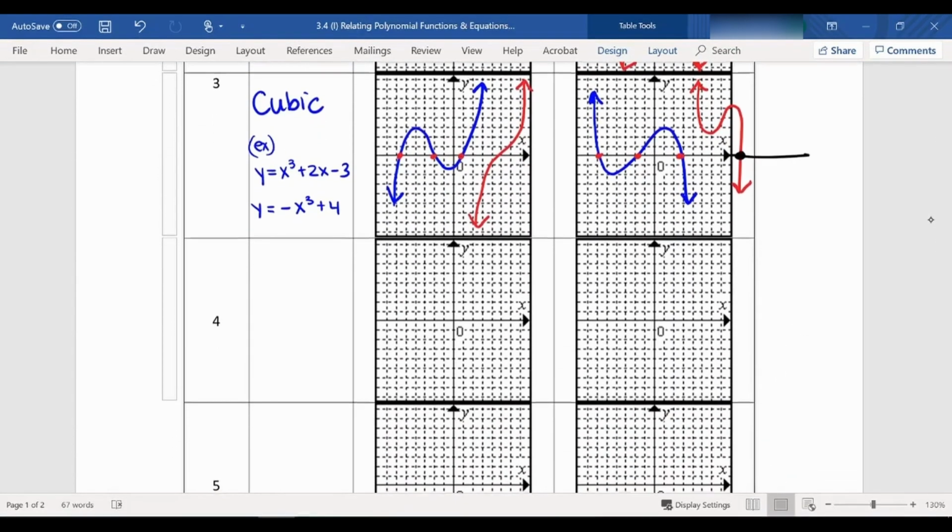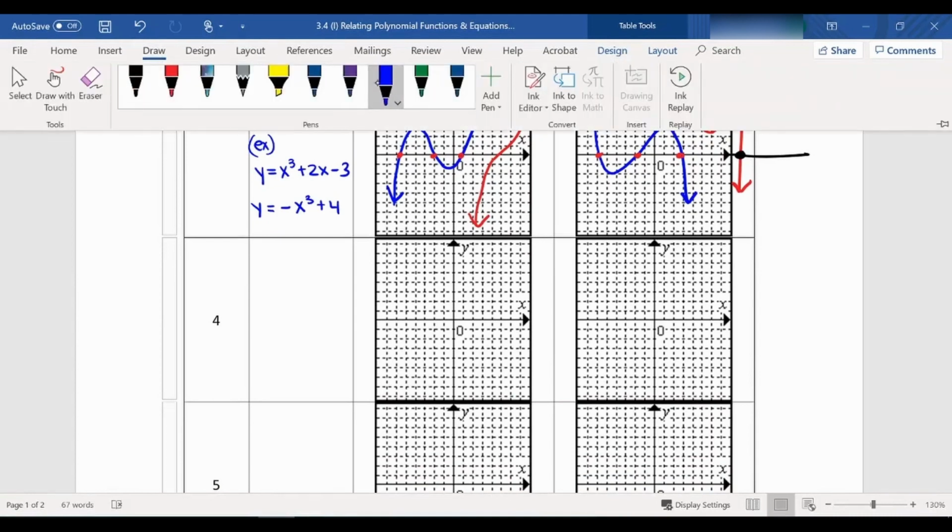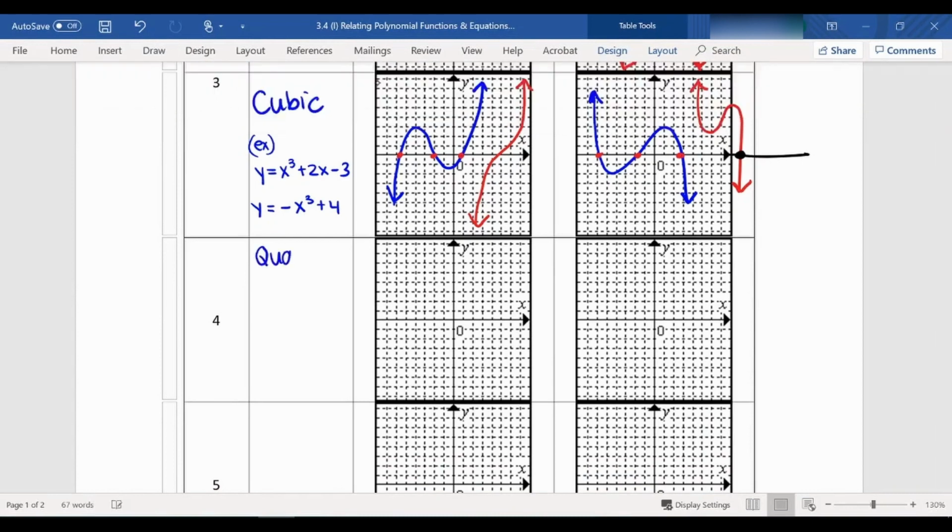The next one is with a degree of 4. So this means that our highest power of x will be 4. This one is called a quartic, and it either looks like an M or a W. Okay. There are, again, similar to how we just saw that very slight example of a cubic, there are quartics where it's very slight movements, but the very strong examples will look like a W or an M. Okay.